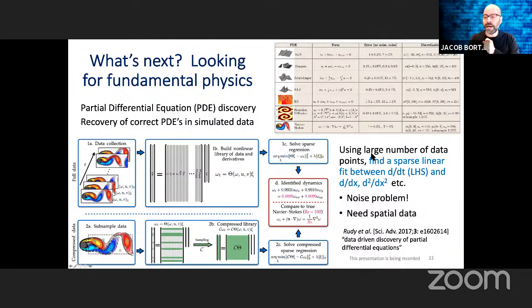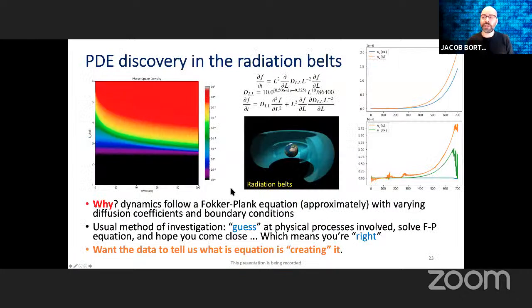And you can see how well, so this is the identified dynamics, and you see that it comes very, very close to the true Navier-Stokes that produced the system, even sampled at very sparse points. Okay, so this is from Rudy, and I'll show you how we apply this to radiation belt dynamics in my remaining couple of minutes.